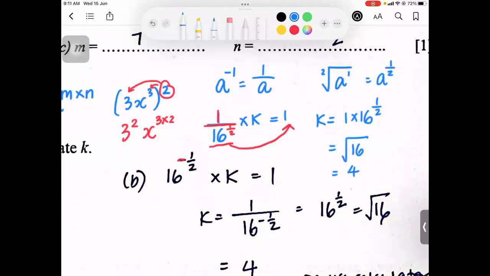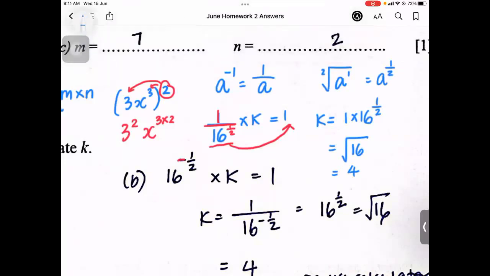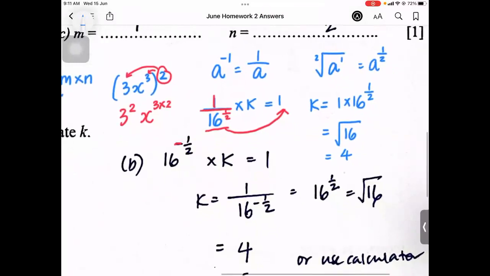Okay. Alternatively, there are some students who do not know how to do the answer, but you know logically, oh, I want to find k, I don't want this whole thing. I can just take 1 divided away by the whole expression. Then you can leave this thing to your calculator if you want to, and then you can calculate and get the answer straight away. Okay, so there are a few methods.